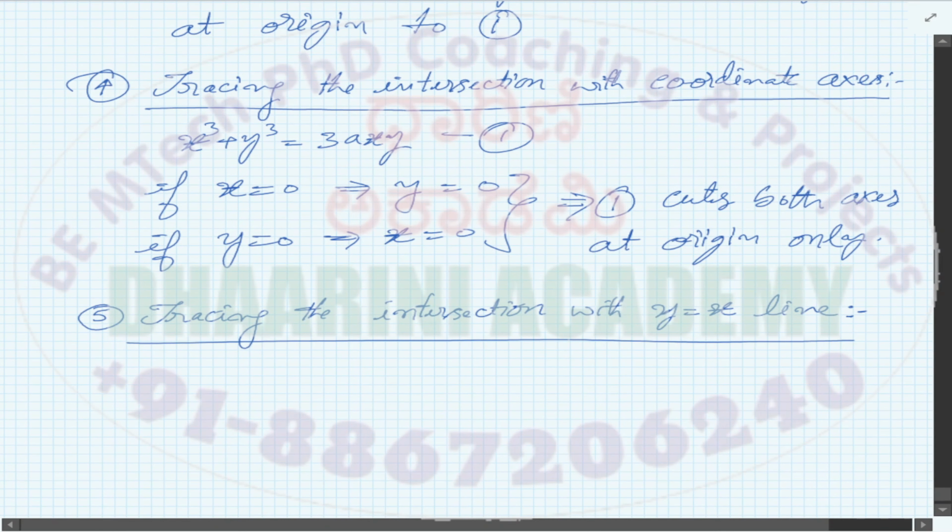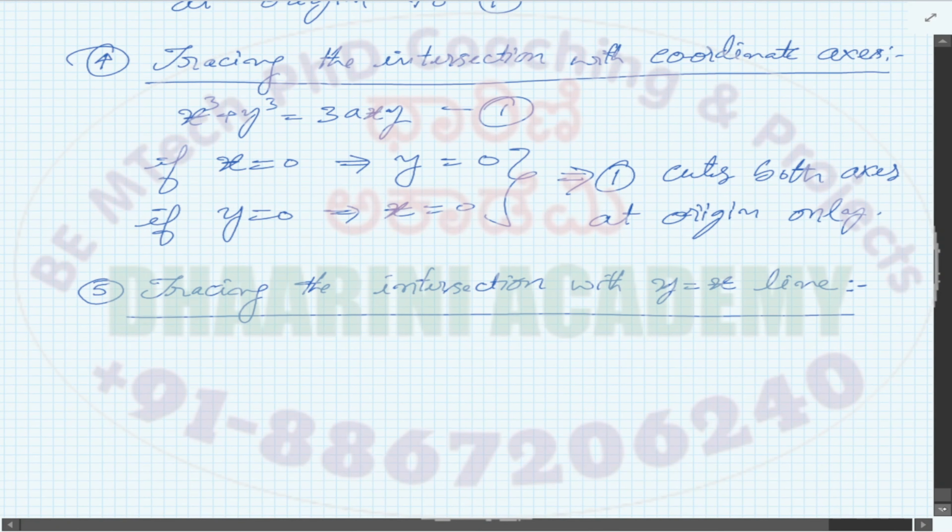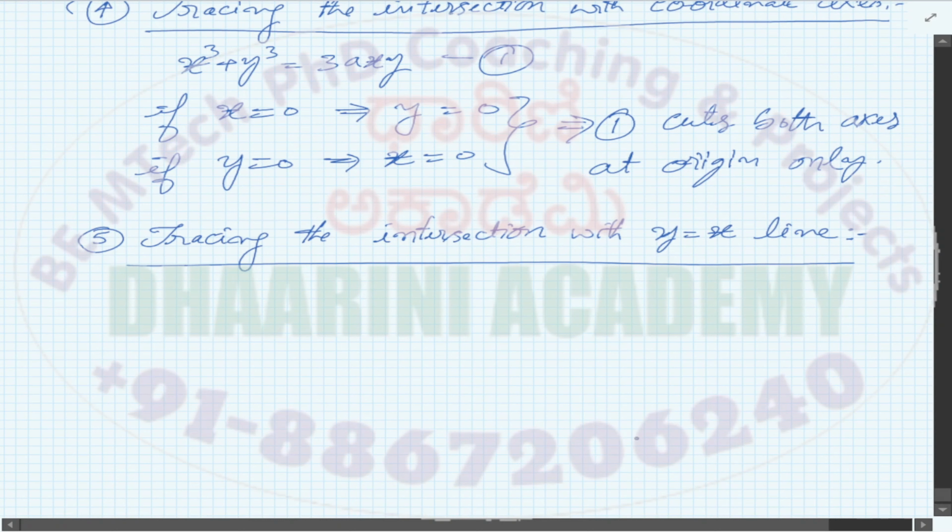Okay, now what we can do is actually very simple. You see that the required line is y equal to x. So I simply put this relationship, that is put y equal to x, in the given equation, that is 1. So in 1, wherever you see y, you put x. The first term is x cube, I keep it as it is.